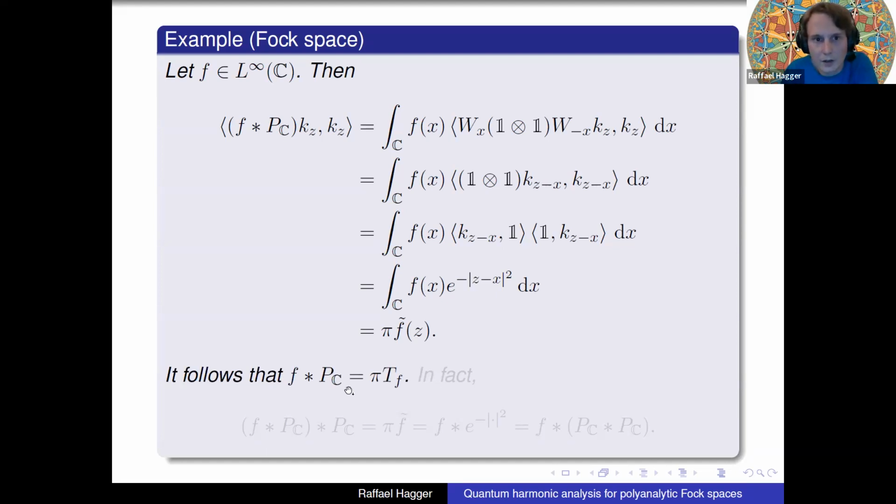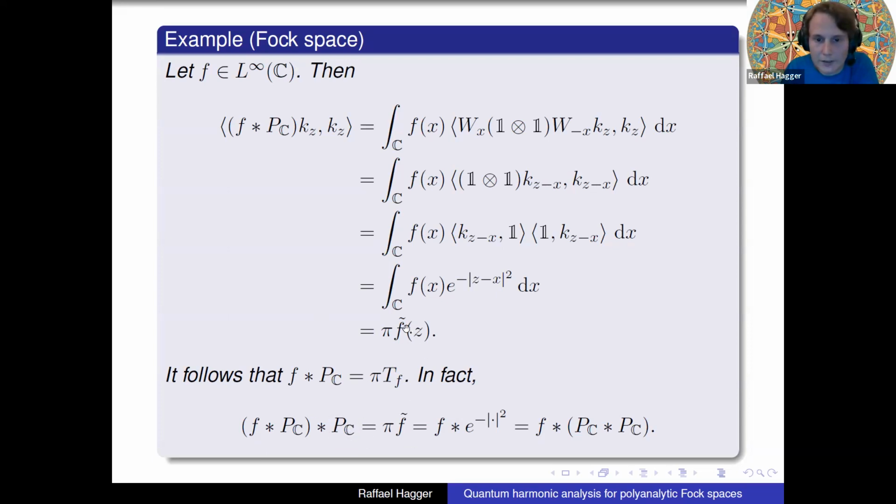So you see, if you convolve an operator with this projection, you get the Berezin transform. If you convolve a function with this operator, you get Toeplitz operators. So this comes in really naturally into the theory. In fact, what we've just shown is this: on the previous slide, I showed you that the Berezin transform is the same as convolving with this projection.